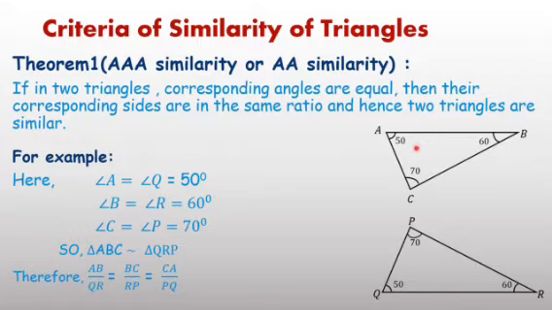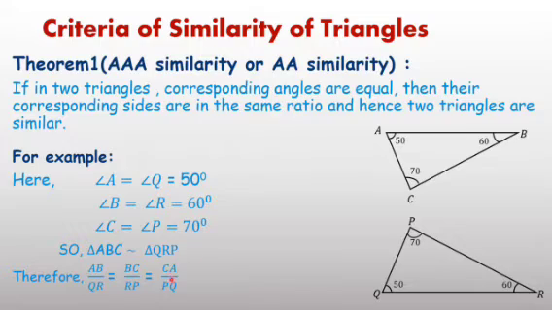In figure, AB is opposite to C and C equal to P, and opposite to P is QR. Therefore AB upon QR equal to BC. BC is opposite to A and A equal to Q, and opposite to Q is RP. Therefore BC upon RP equal to third, CA. CA is opposite to B and B equal to R, and opposite to R is PQ.